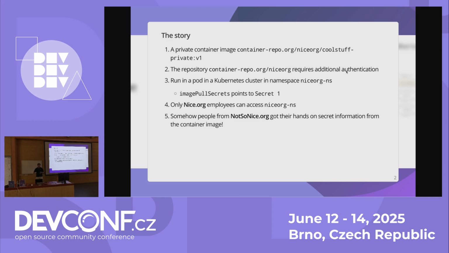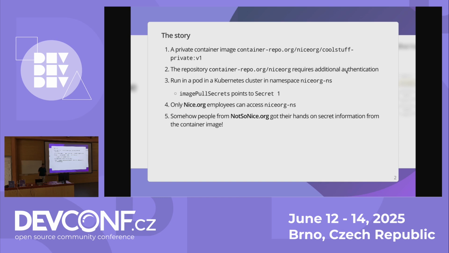And so kubelet will eventually take that secret and authenticate the image, right? In our case, we are running a workload in a namespace, niceorg-ns, and only the people from nice.org can access anything that's inside of this namespace, right? So nice.org is some kind of a tenant, right?